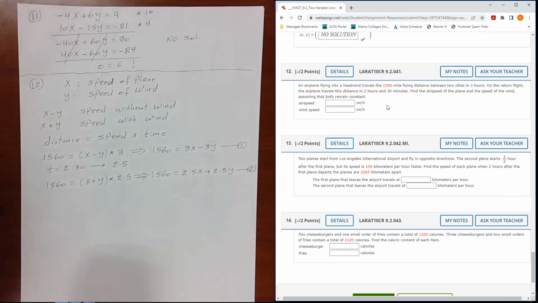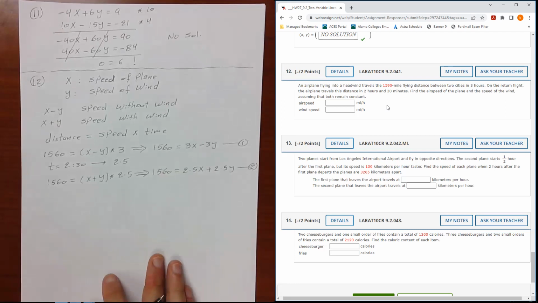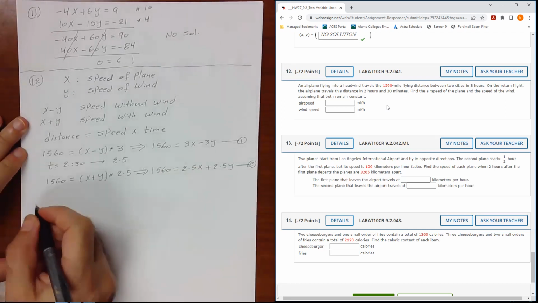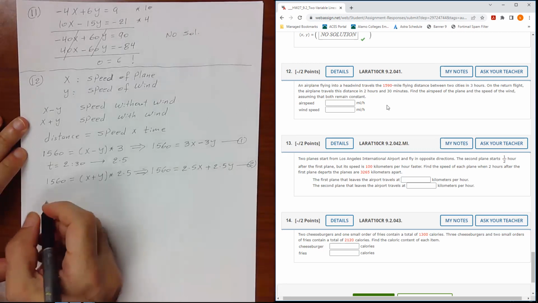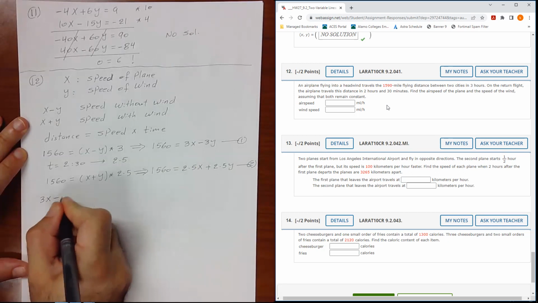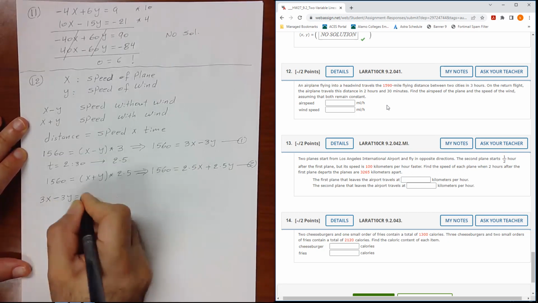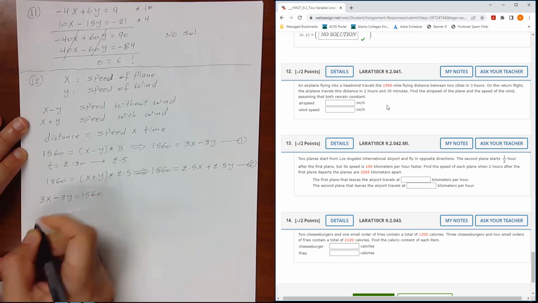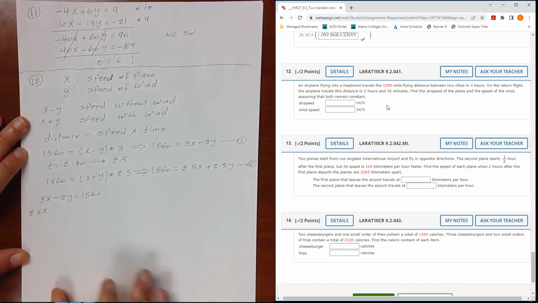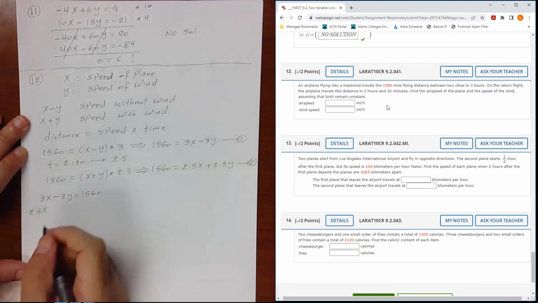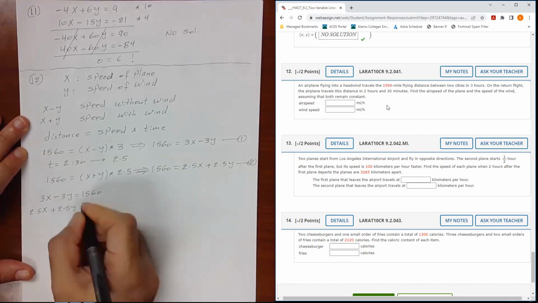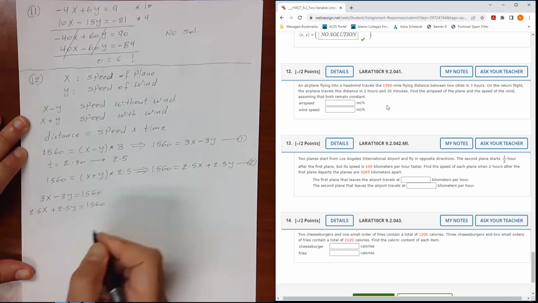Now we have a system. We just need to solve the system and find x and y. So I'm going to write down the system: 3x minus 3y equal 1560 and 2.5x plus 2.5y equal 1560.